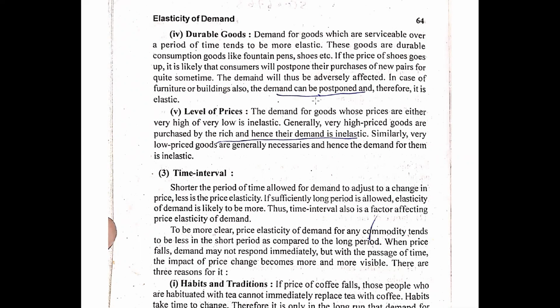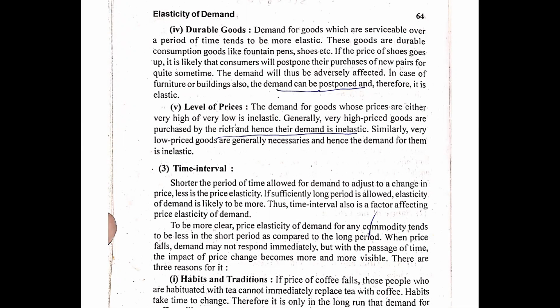So what are durable goods? Durable goods are the goods which can be stored and used for quite a long time. So if the price of furniture increases, people can easily postpone the plan of purchasing such products. So this has a very great elasticity.